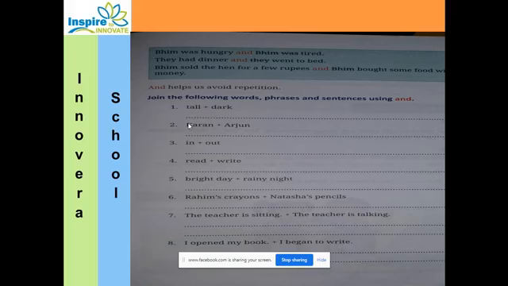Tall plus dark. Who can tell me the answer for this? What I have just taught you is that you remove plus and add and. So, tall and dark. The second one will be Karan plus Arjun.